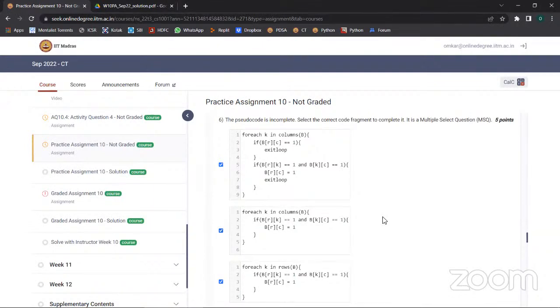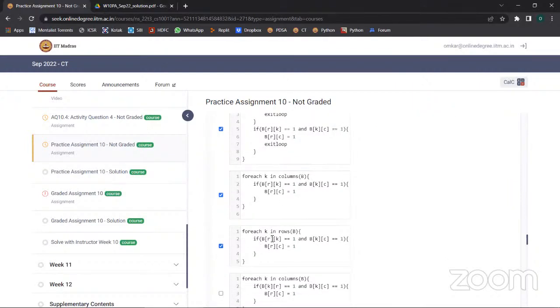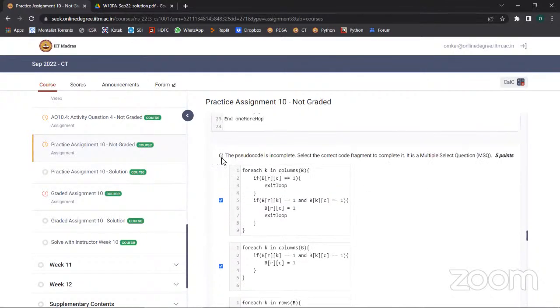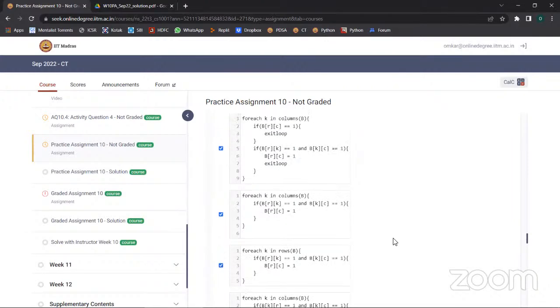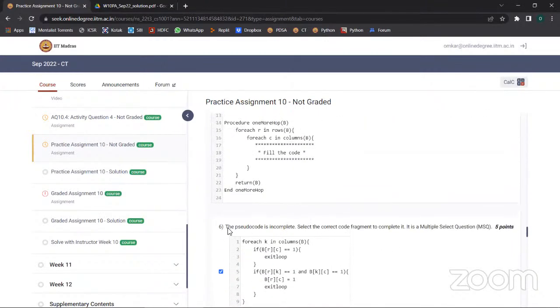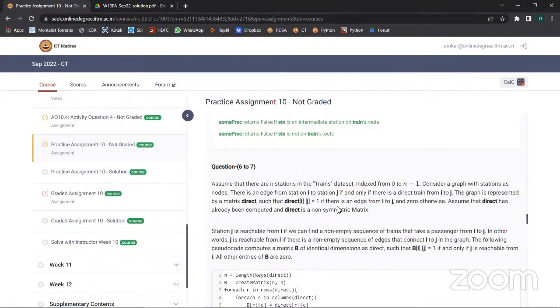I'm still not clear on what your confusion is. Have you understood why these 3 are correct? Yes, sir. So according to you, which is the correct answer for this question? Sir, I think there is no correct option here. Okay, you are saying all 4 are incorrect. Yes, sir.